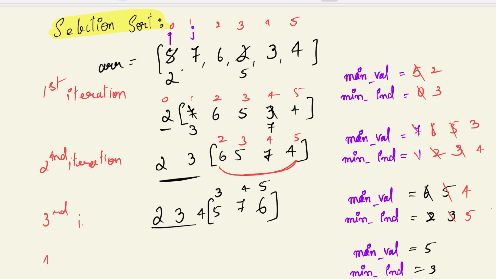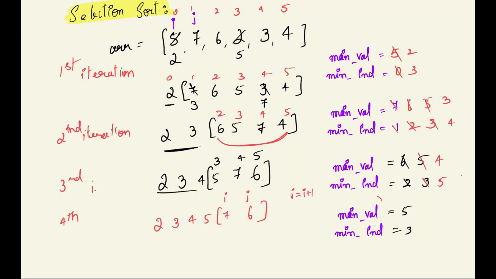In the fourth iteration, the array will be the same, but we will check from these two elements. This will be i, this will be the j pointer, and j is equal to i plus 1, obviously.